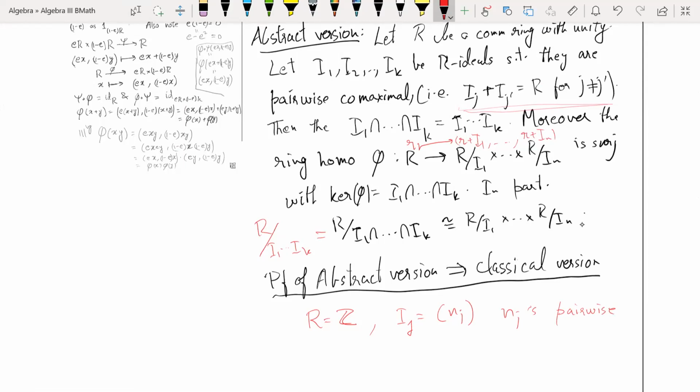So that implies that the Ij's are pairwise co-maximal. I forgot to write: co-prime implies that the Ij's are pairwise co-maximal.